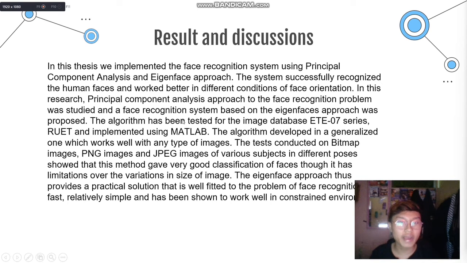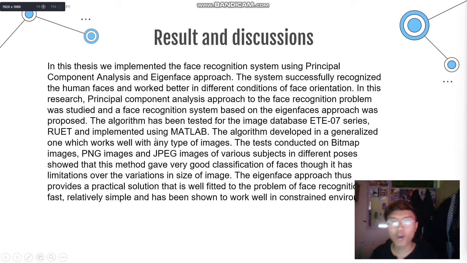The algorithm has been tested on an image database and implemented using MATLAB. The algorithm developed is a generalized one which works well with any type of image.